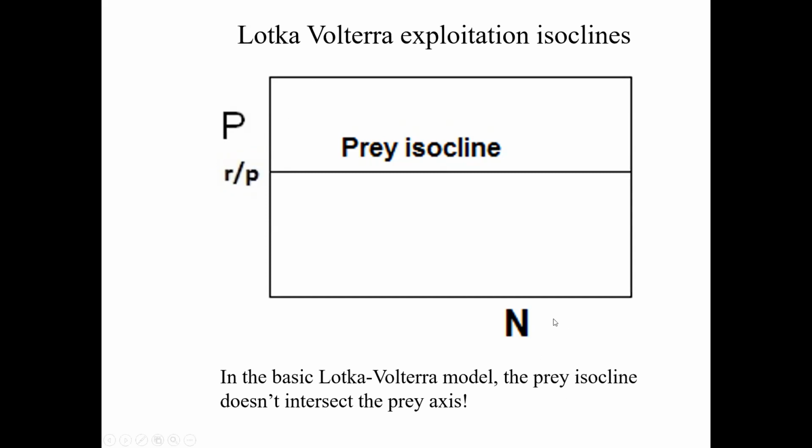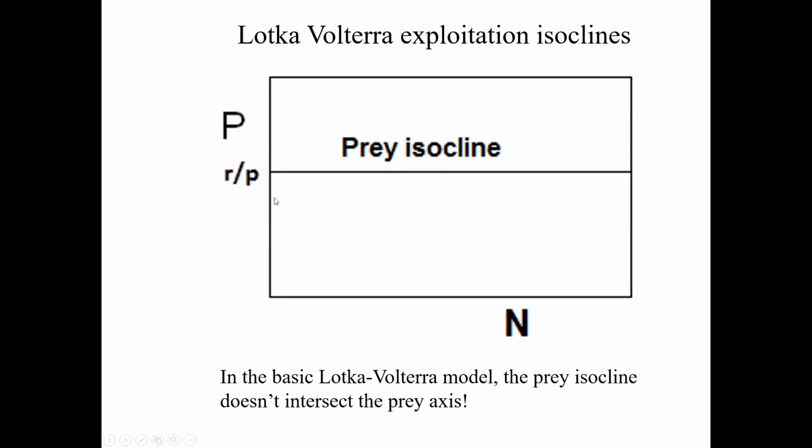And here's the prey axis. So in the basic Lotka-Volterra model, this isocline doesn't even touch the prey axis. I've always found that to be so weird. And I've always found it to be hard to convince people of. But just bear with me because it's going to do some interesting things for us.